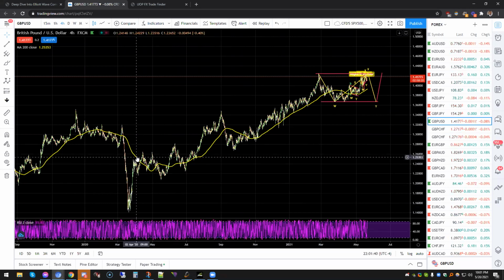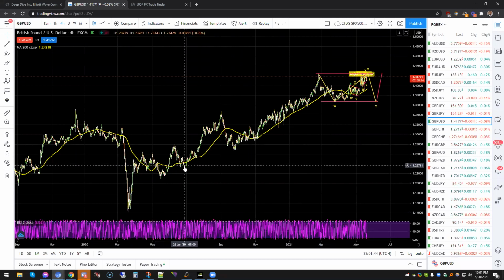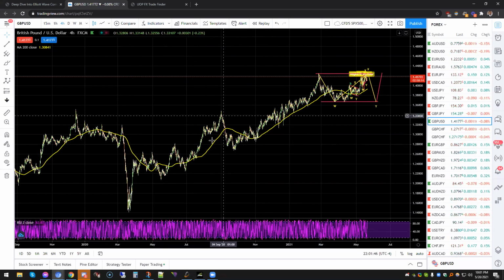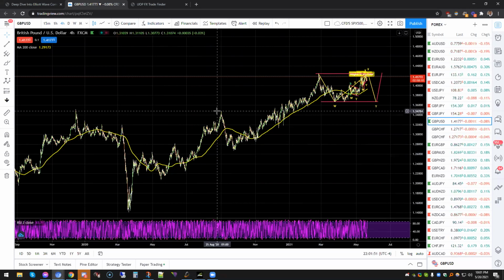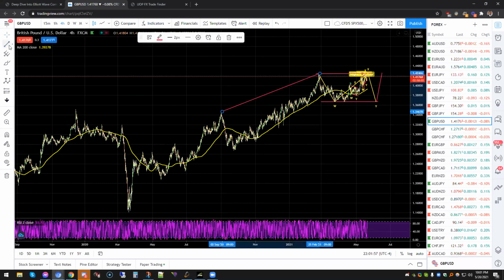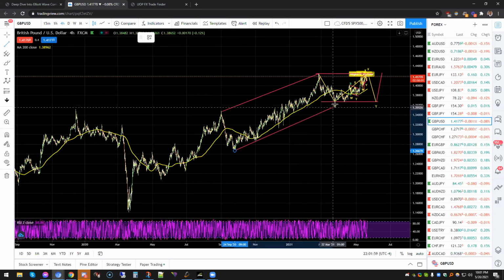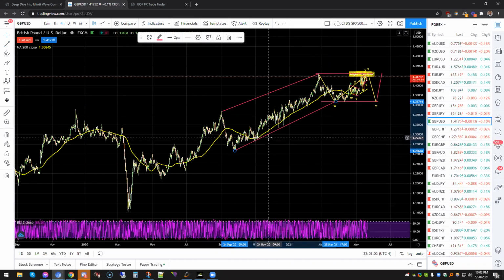So we have pulse, we have a correction, pulse, we have a correction, pulse. So I can look at this as 1, potentially 2, this is 3. I can look at this here as well, like that.